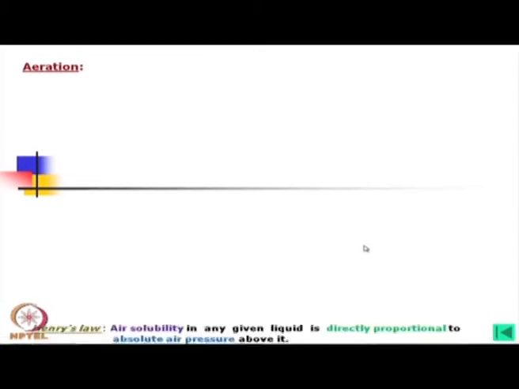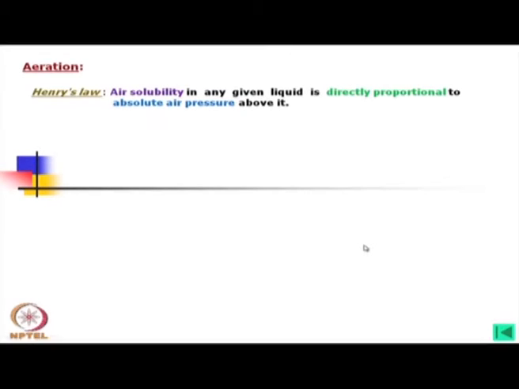Now, aeration is actually air solubility in the liquid. There is Henry's law, and according to that, air solubility in any given liquid is directly proportional to the absolute air pressure above it. Just try to visualize: air solubility in any given liquid is directly proportional to the absolute air pressure above it.